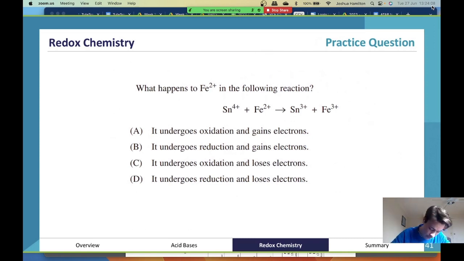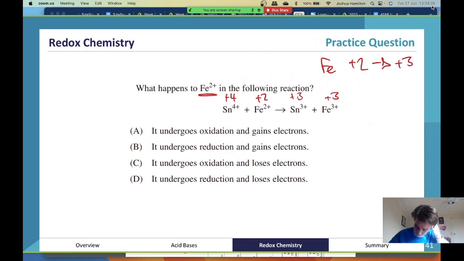So what happens to Fe2+? Well, what have we got? We've got an oxidation state of +4, +2, +3, +3. So Fe has gone from +2 to +3.